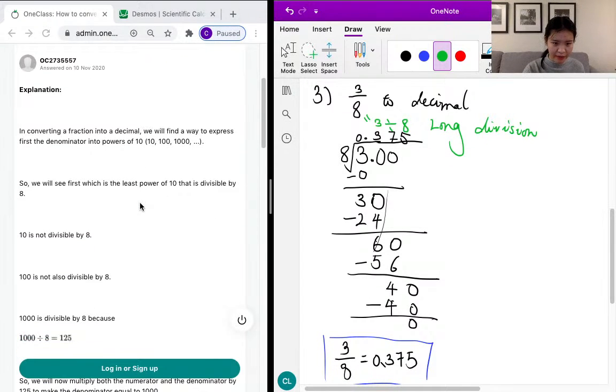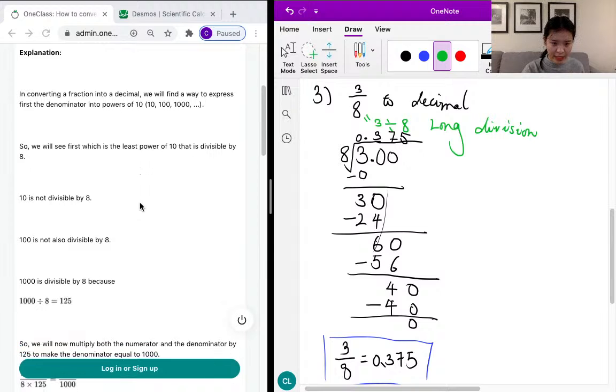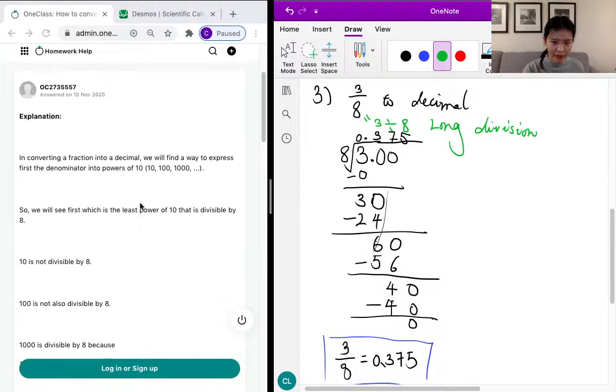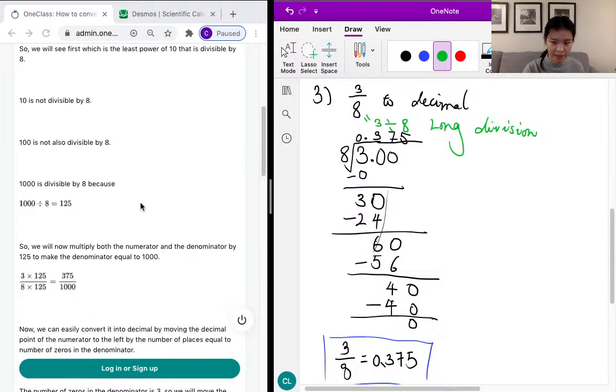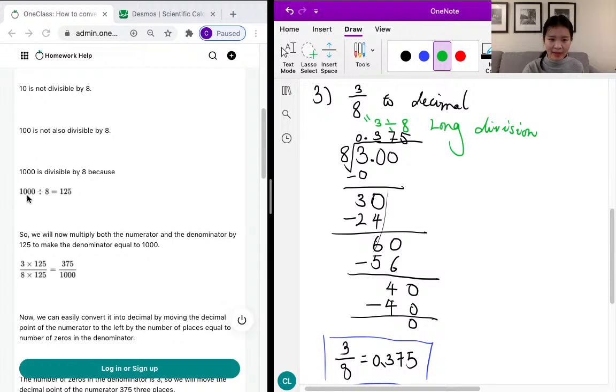Okay, let's look at our sample solution over here. They didn't use long division. They are trying to see the power of 10, or 1,000, which is another way, and it also works. But you might get really large numbers in those cases. In this case, 1,000 isn't that bad, but I think long division is better because it always works.